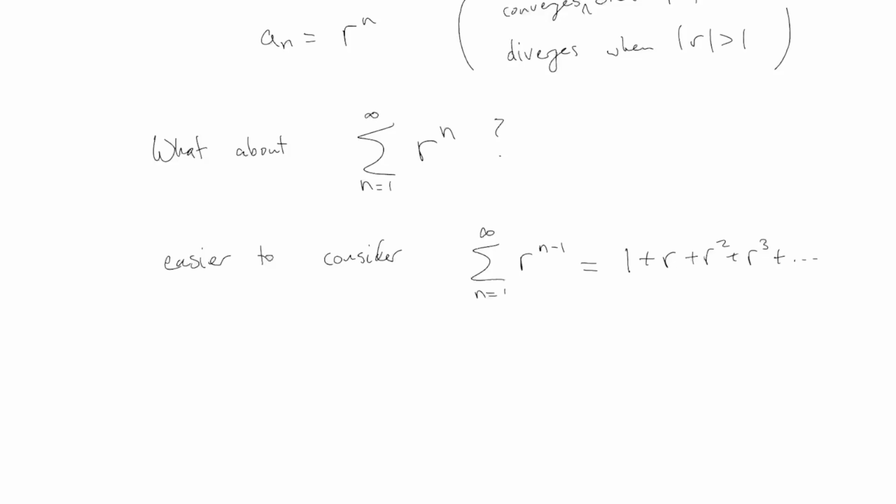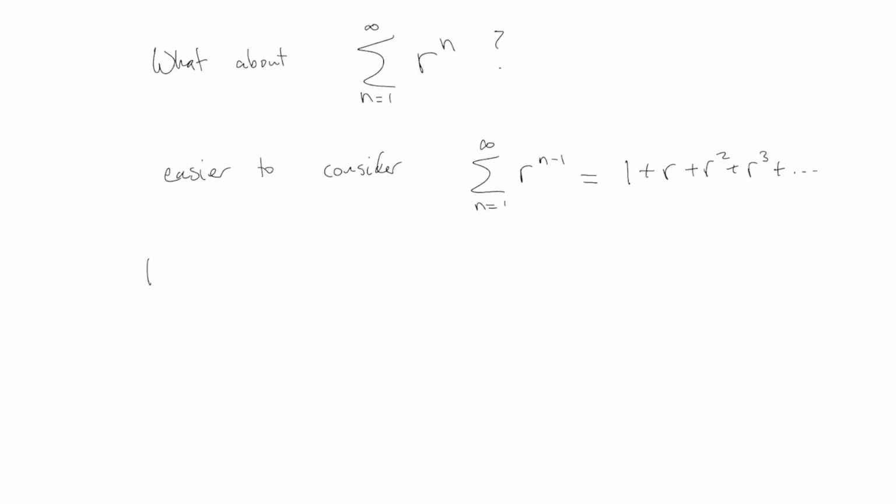But anyway, let's try our same old approach, which is to write down the sequence of partial sums, just because that's the only way we have to get a handle on these infinite sums. The first one is 1. The next one is 1 plus r.